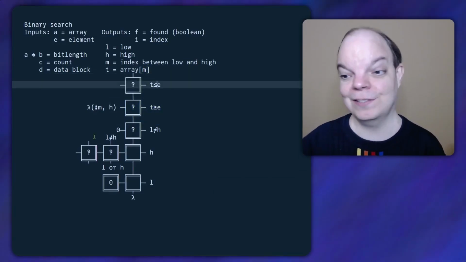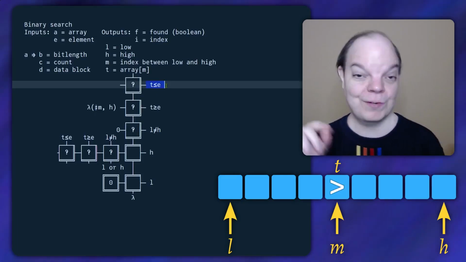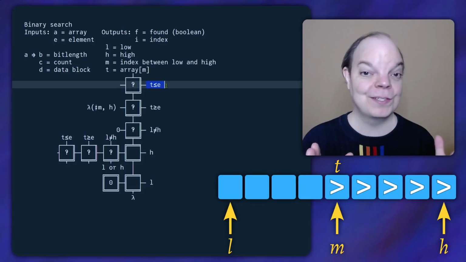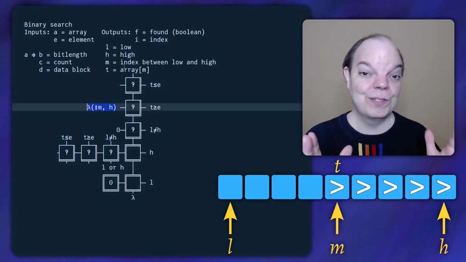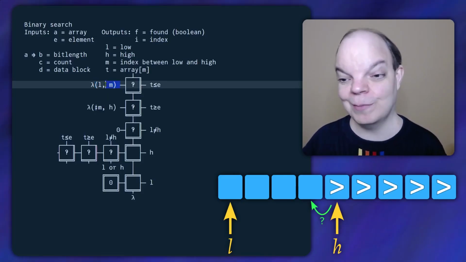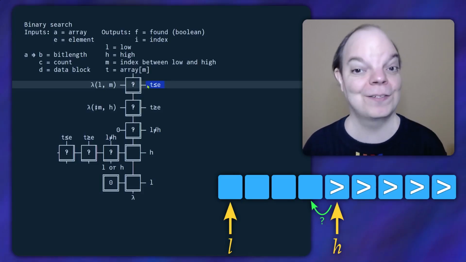Okay, now the next condition is to check if T is less than or equal to E. So now we know that T is greater than E, which means that the middle element is too large. So everything after it will also be too large. So we want to update H to become the middle. And maybe I should decrement it, just like I incremented this one, because we know that T is too large, right?